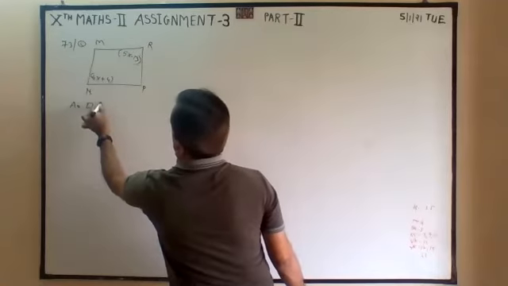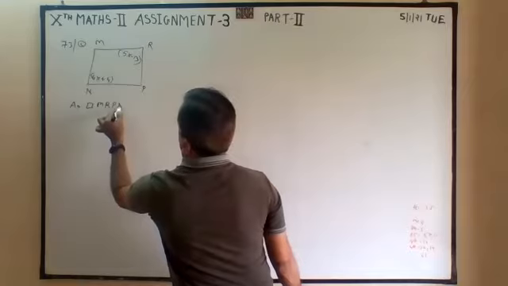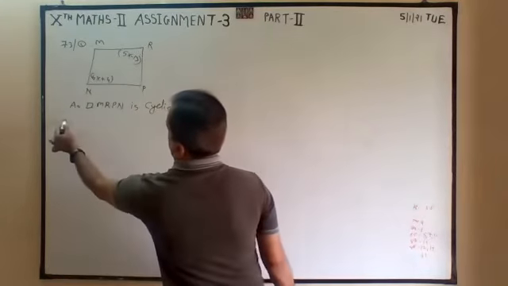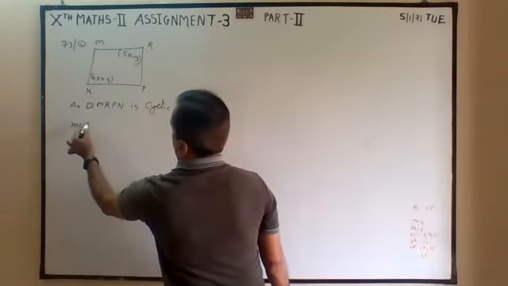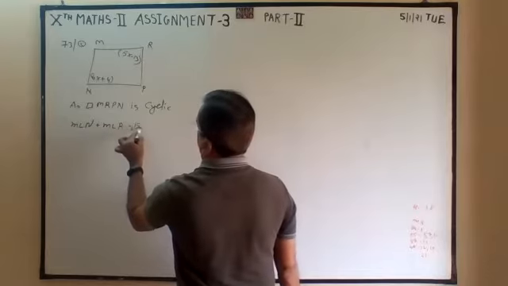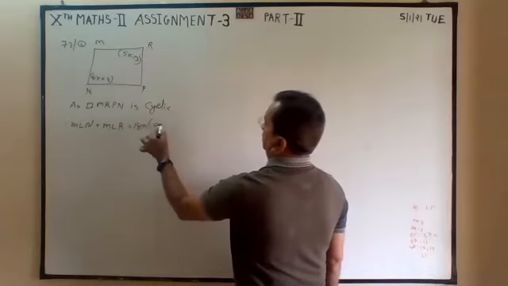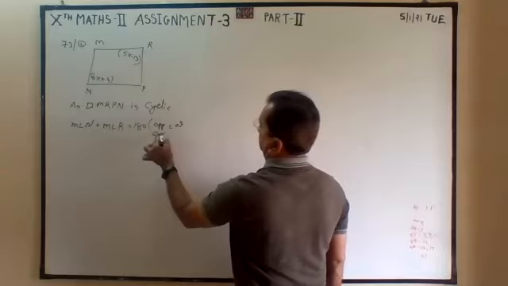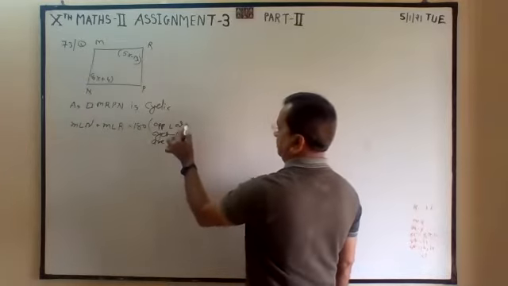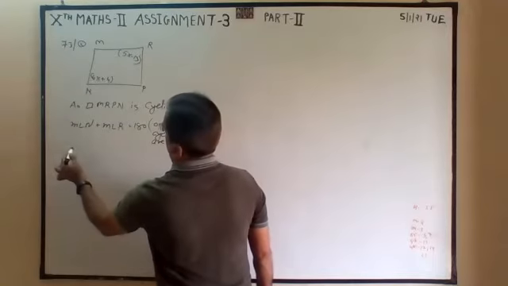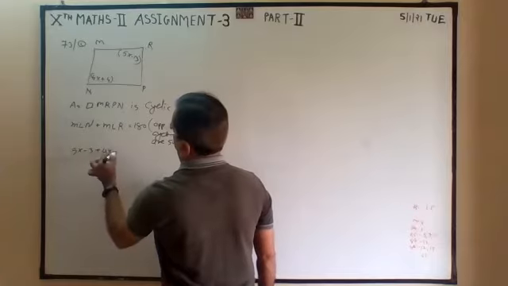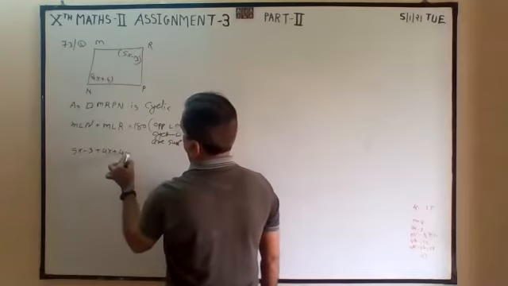As quadrilateral MRPN is cyclic, therefore measure angle N plus measure angle R is equal to 180. Opposite angles of a cyclic quadrilateral are supplementary. Therefore 5x minus 13 plus 4x plus 4 is 180.